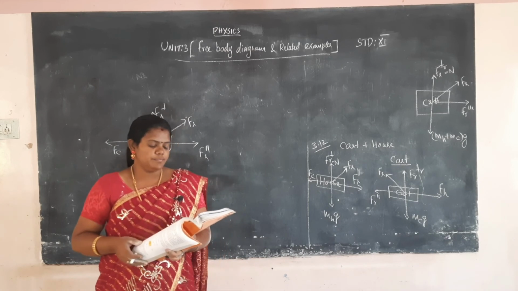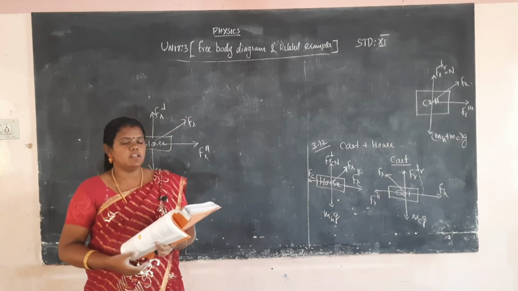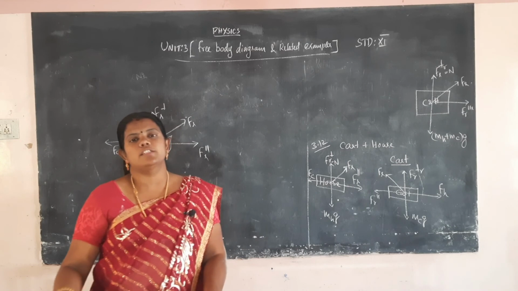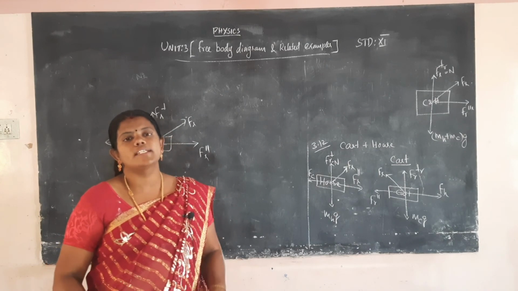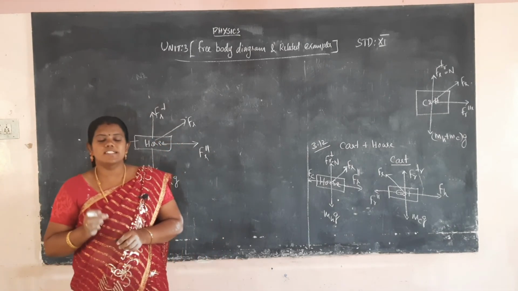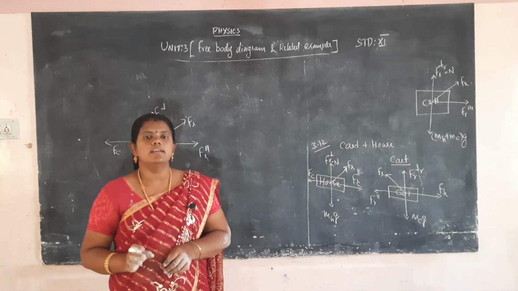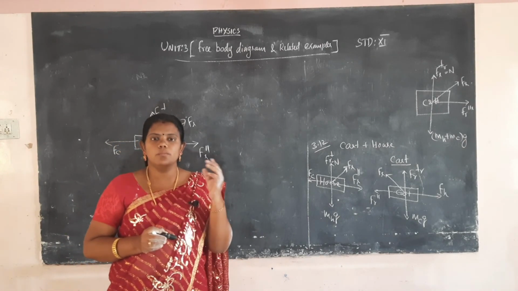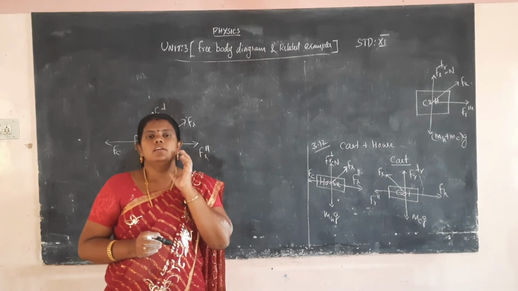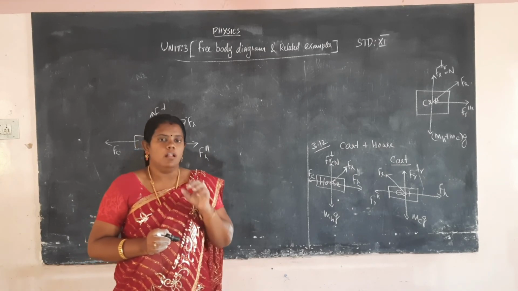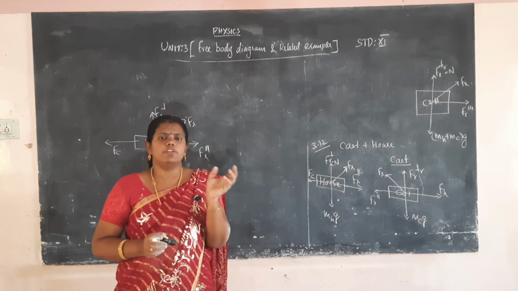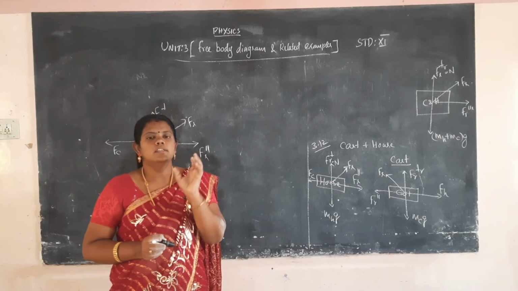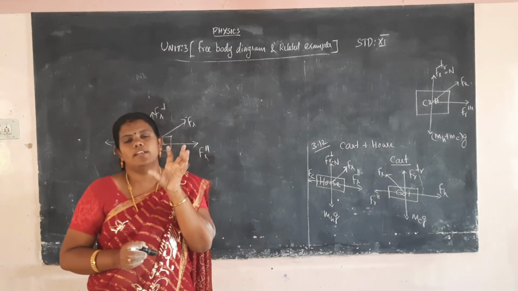And then the cart and horse experiment. In the cart and horse experiment, first we decide the system. The forces acting on the body do not need to be considered; the forces exerted by the body are what we consider. Then the cart and horse can be considered as a single system, or individually you consider each as a system.